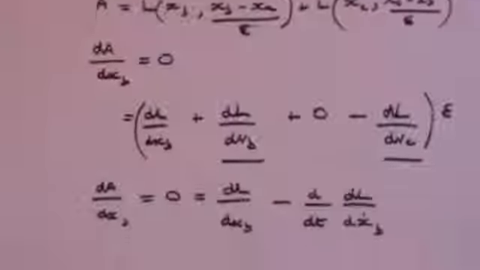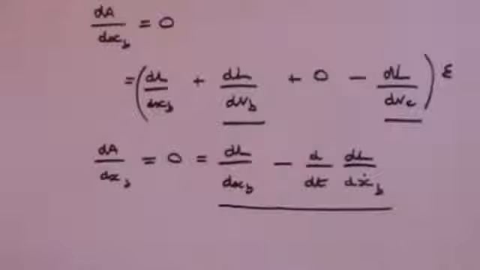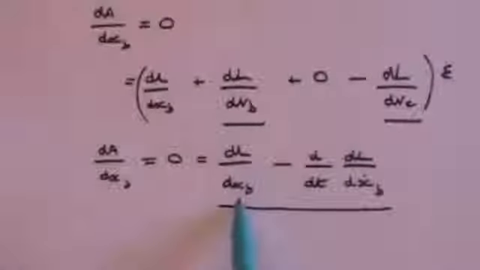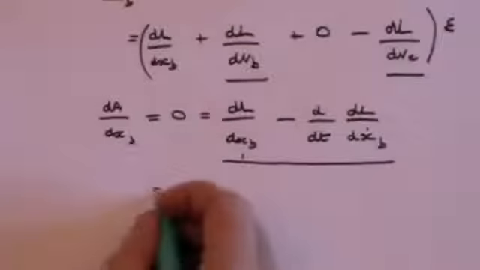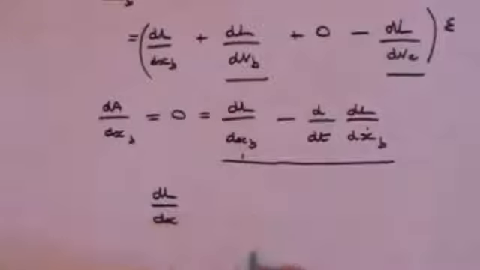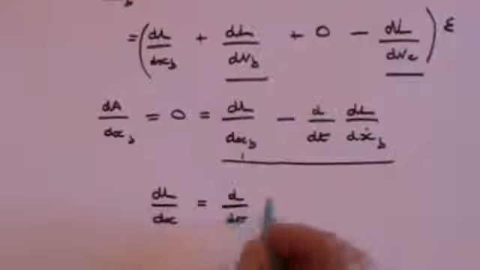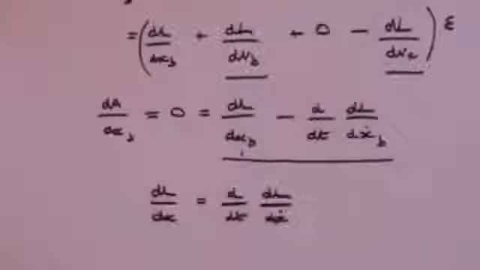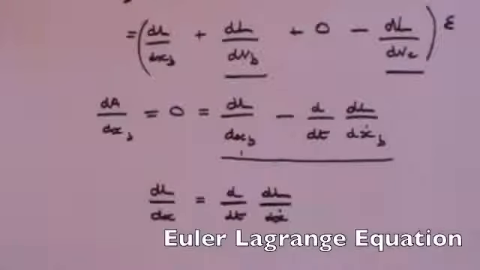And if that's the case, then this term here equals 0, which means that this term must equal this term. So dL by dx, I'll forget about the b now, is equal to d by dt of dL by dx dot. And that is called the Euler-Lagrange equation.